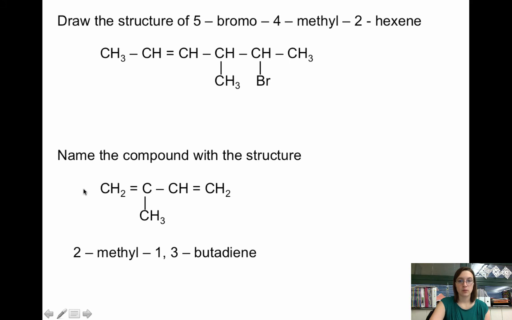Because if we went the other way, I'd still have 1,3-butadiene, but now my methyl group would be off the 3rd instead of the 2nd carbon. So 2-methyl-1,3-butadiene.